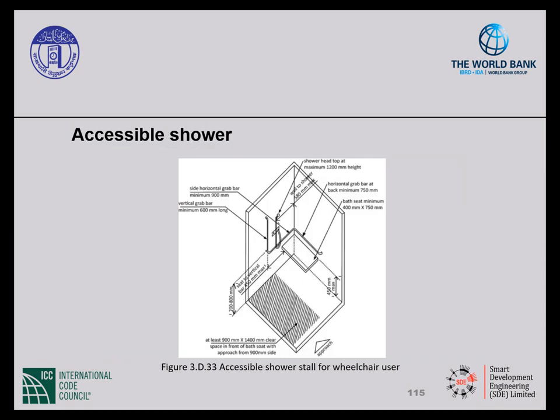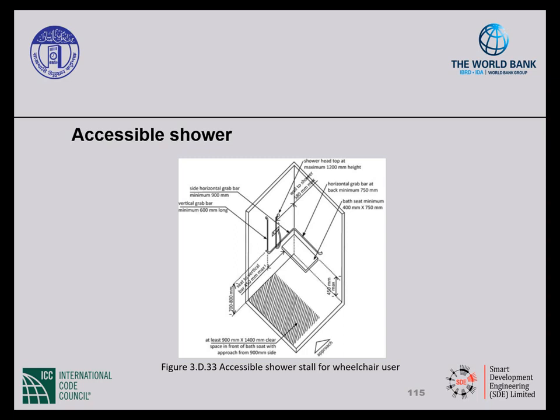Showers. So here we have a diagram of a shower compartment. The internal dimension should be a minimum of 1500 by 1500 millimeters clear floor with a 900 by 1400 millimeters clear space outside of the shower for a side approach.